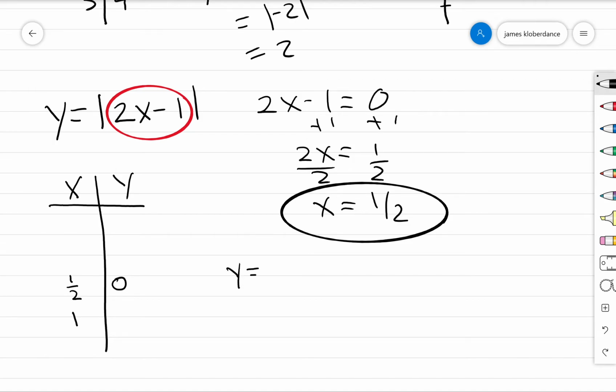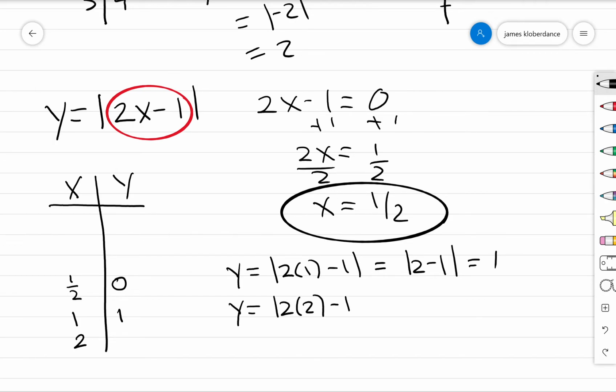So the absolute value of 2 times 1 minus 1 is 1. So I get 1. So for 2, the absolute value of that is 3. Let's see, one more here.